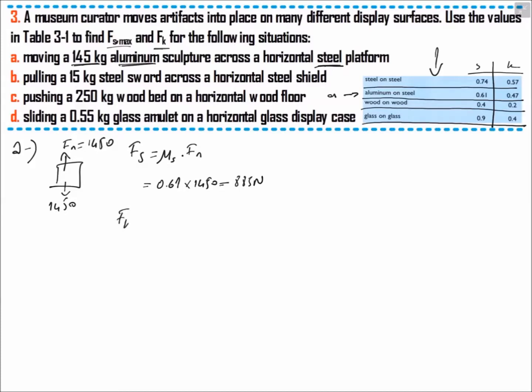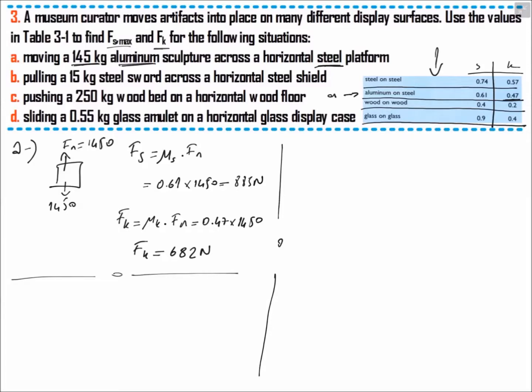And the Fk will be mu k times Fn. So mu k is given 0.47 times 1450. So Fk will be 682 Newton. And this stands for the A.